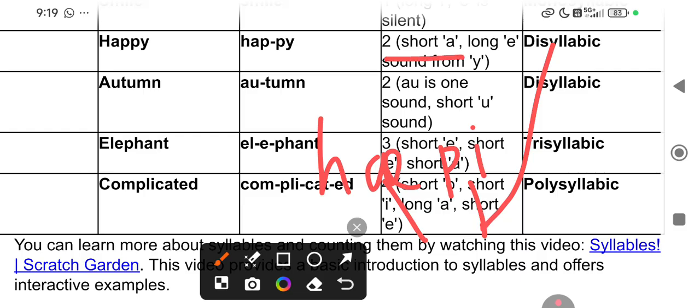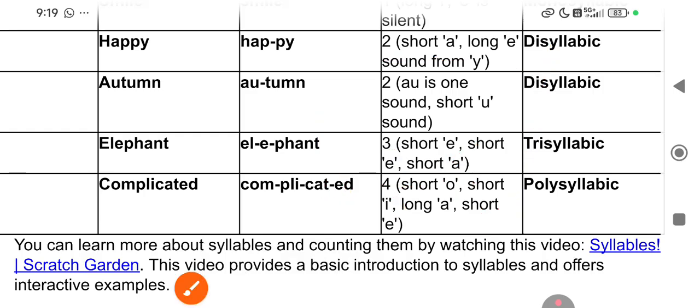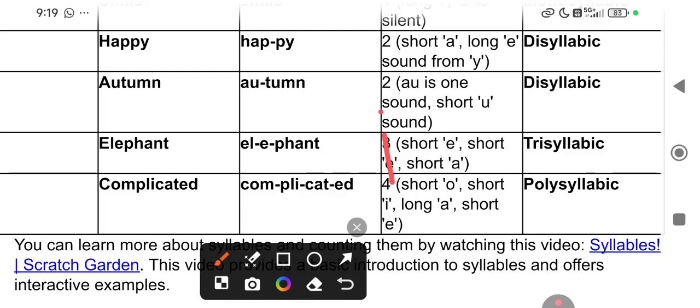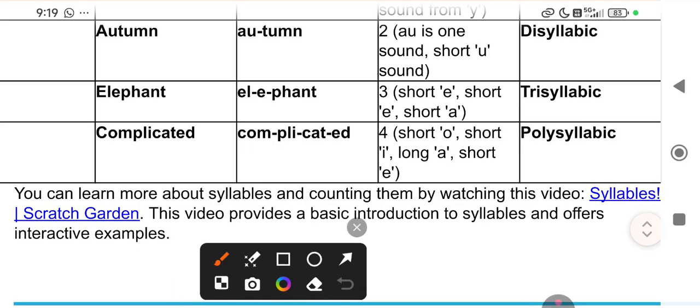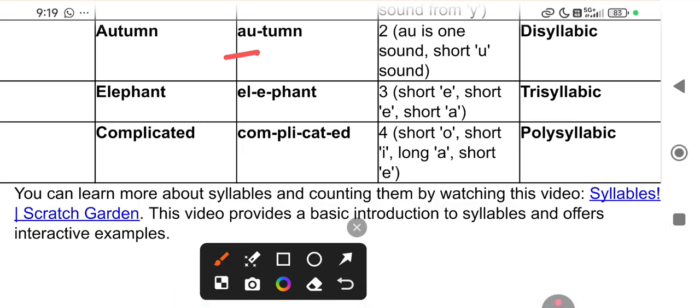Short a and long e sound from Y. So there's a short A and a long E sound from Y. So that's happy, right? Then autumn. It's not autumn-n, it's autumn.